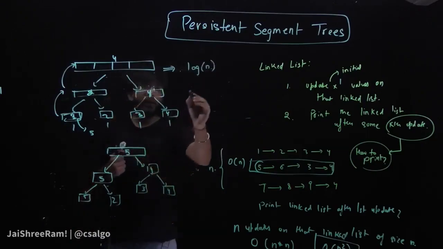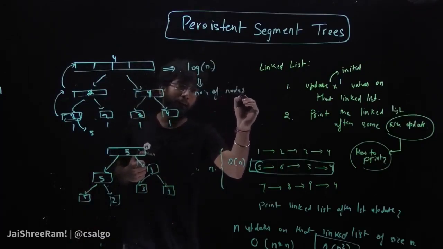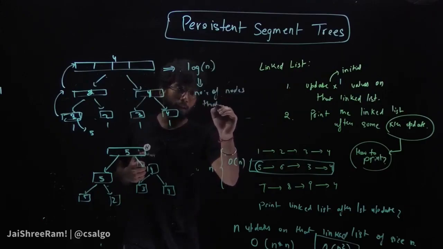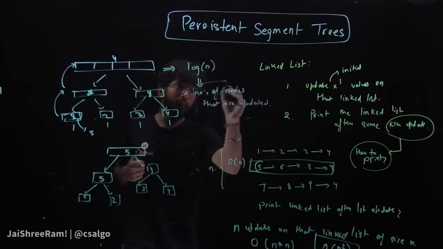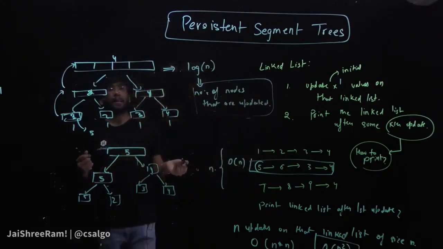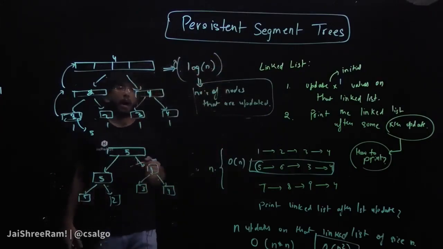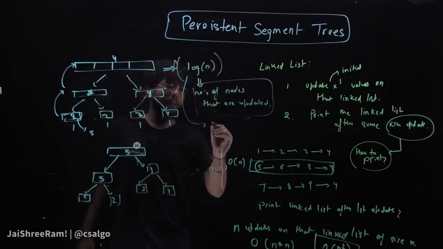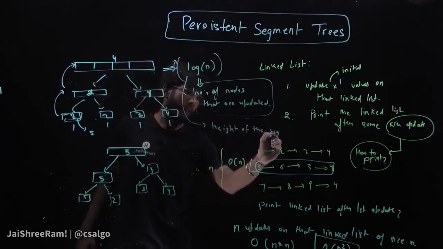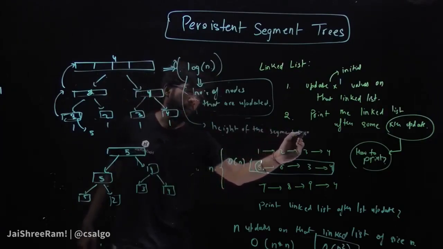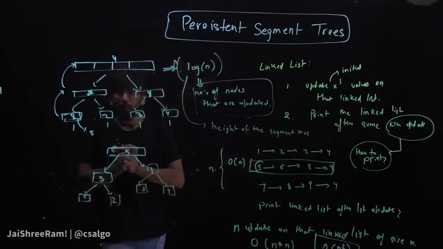So basically we have log n number of nodes that are actually updated, because log n is actually the height of the segment tree, or maybe I can say it is order of log n. So yeah, this is the whole thing.